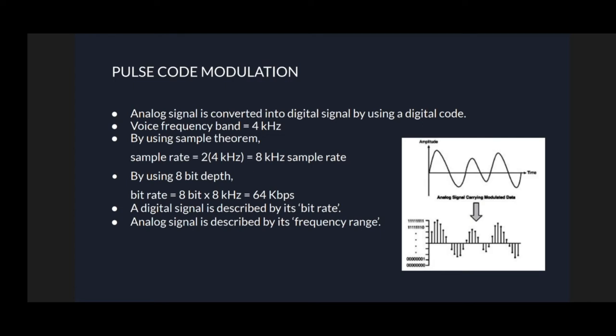And then by using 8-bit depth, bit rate is equal to 8 bits times 8 kilohertz, which is equal to 64 kbps. A digital signal is described by its bit rate, while an analog signal is described by its frequency range. As we can see in the diagram.